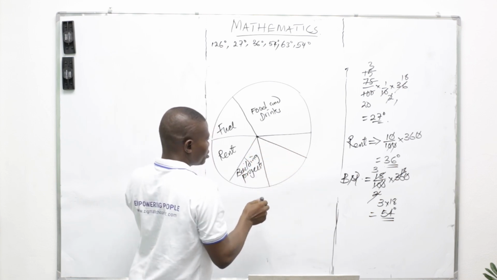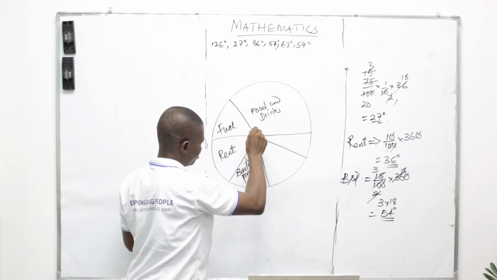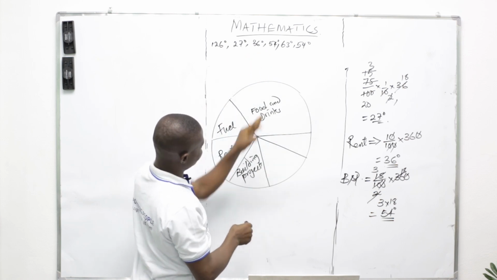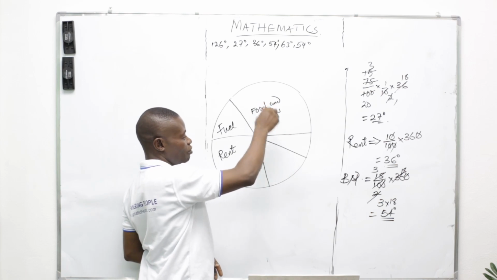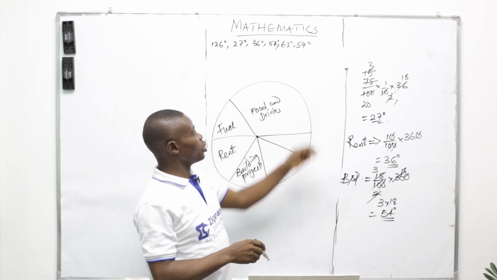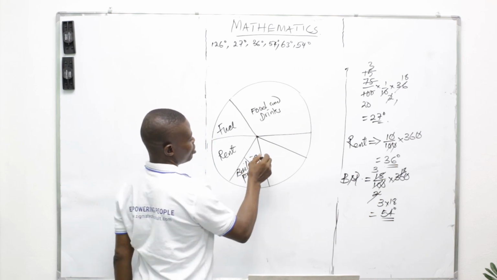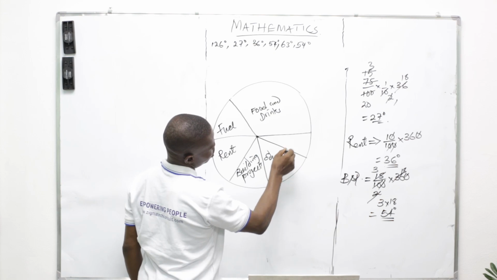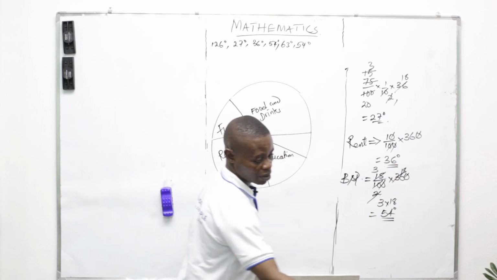Once you do that, the remaining angle is going to represent the last angle. When you check round, your last value must be equal to the last angle, meaning you have represented what you were told to represent. Sevens.